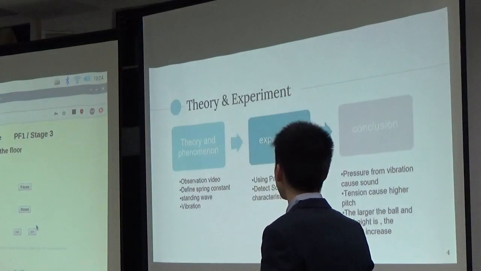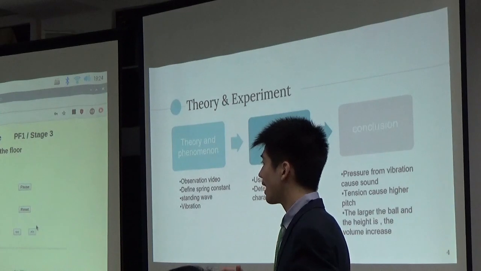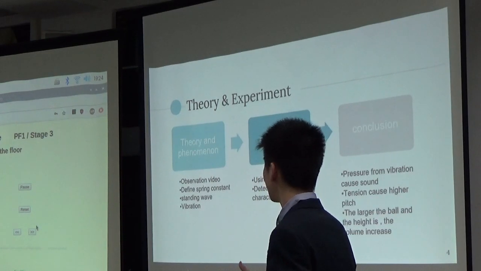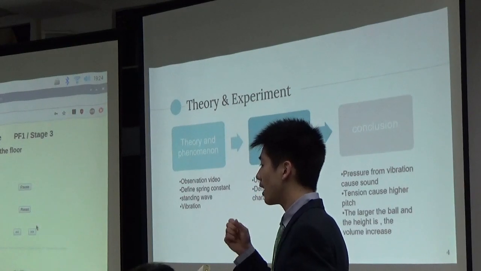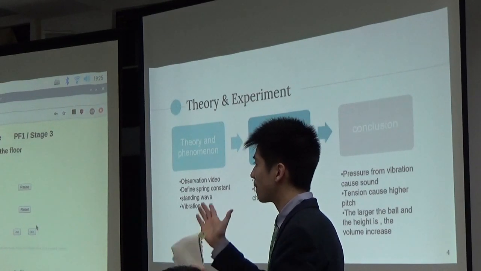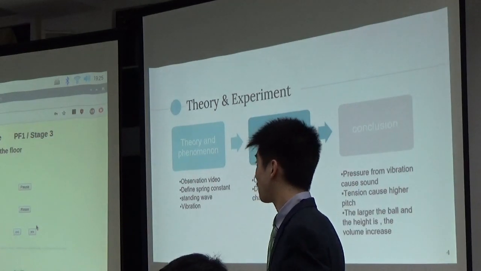For the experiment, they used different parameters and detected the sound with a microphone and a series of setups, and discovered the characteristics of a certain frequency, which is the lowest frequency of the sound, and the amplitude of the sound.